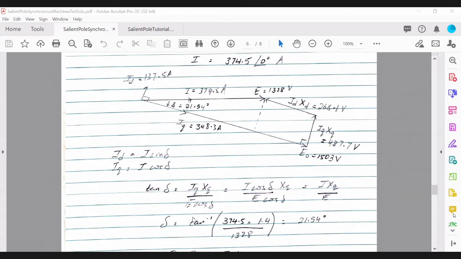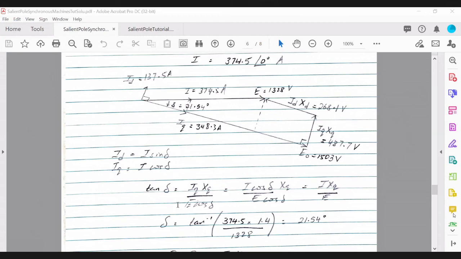The next section that we're going to look at on Monday is the permanent magnet synchronous machine. We will go through the theory part, and then we'll have a tutorial on that section for next week.